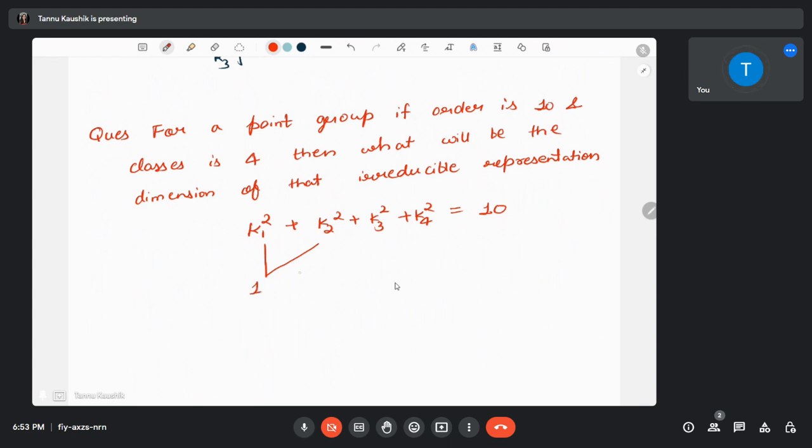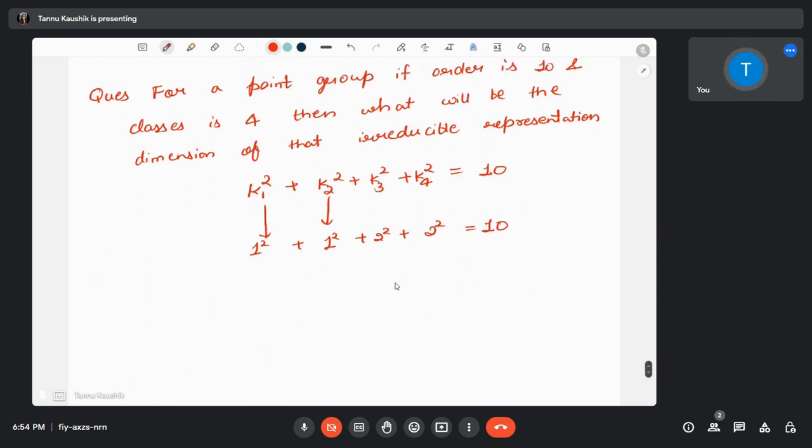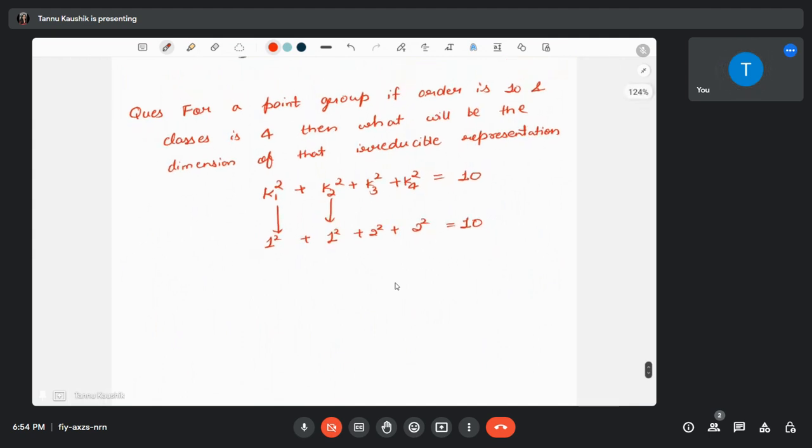It will be 1 square plus 1 square plus 2 square plus 2 square is equal to 10. So this is how you can solve a number of examples.